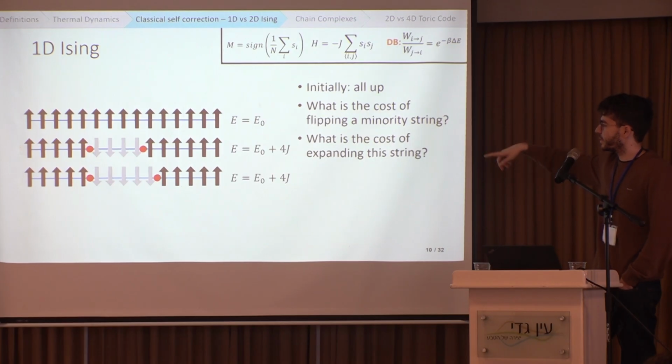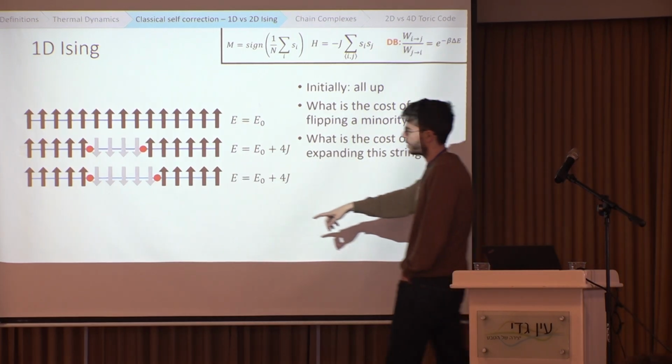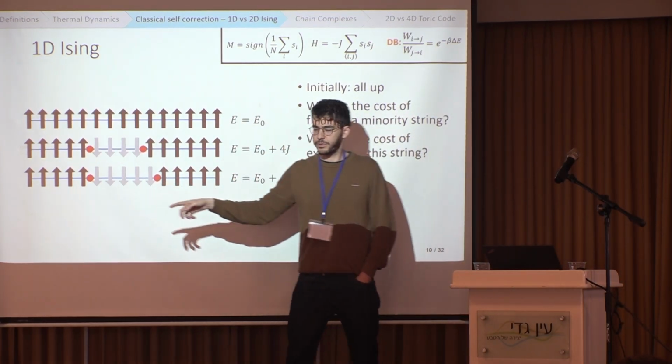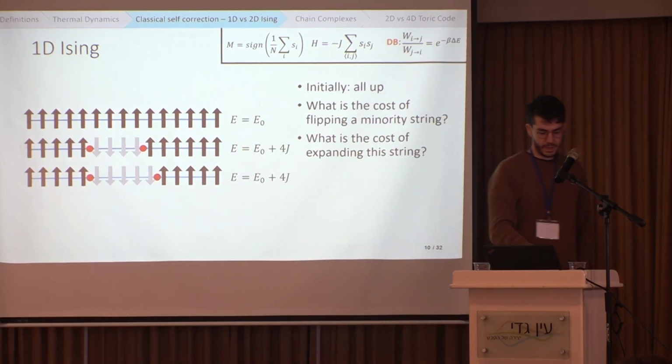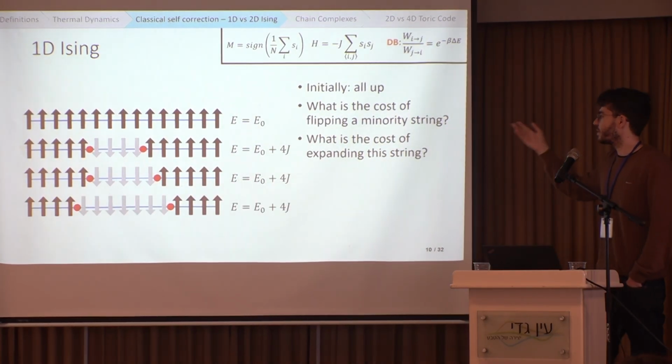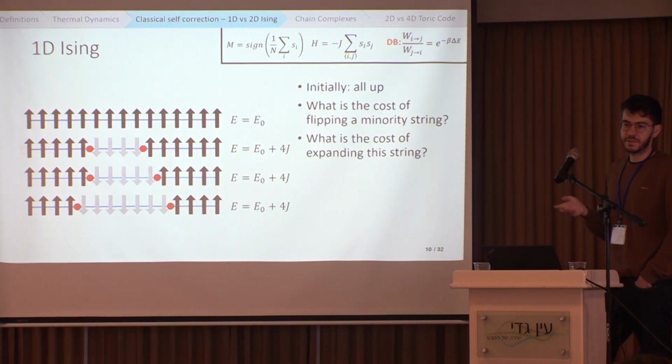Moving the boundaries doesn't change the energy because we just moved the anti-alignment, but the minority doesn't care about what happens inside, only in the boundary. And we can expand it more and more and enlarge the arrow, and we don't pay any other cost.